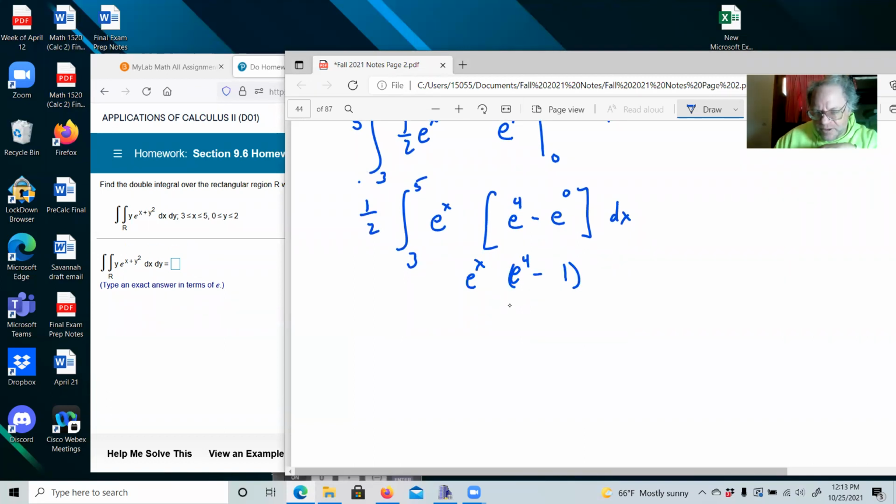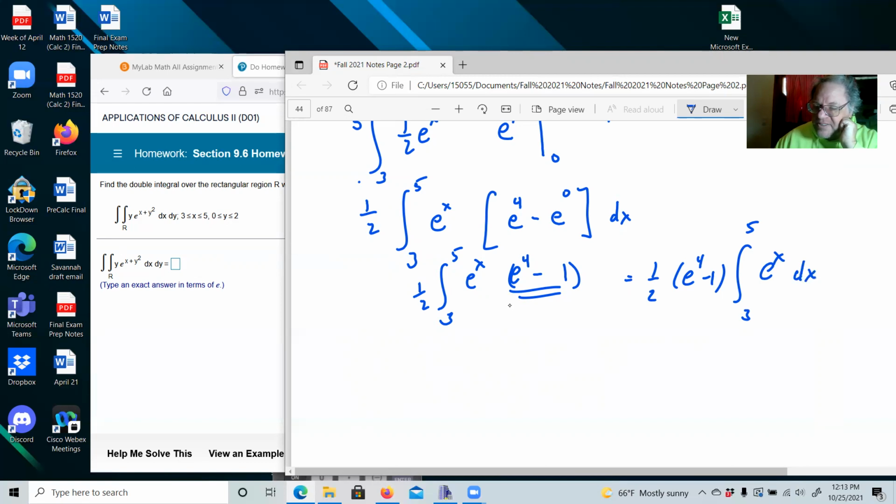We have an e to the x here, 3 to 5, 1/2. Can you type this in your calculator when you get an answer? Sure will. This is a constant. This whole thing floats through. So we have 1/2 e to the 4th minus 1, integral 3 to 5 e to the x dx.